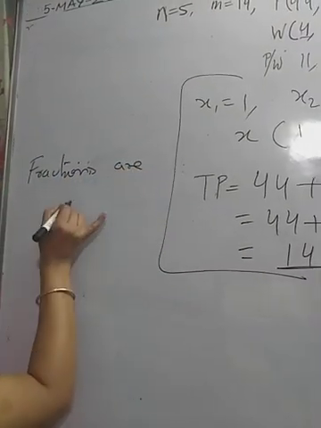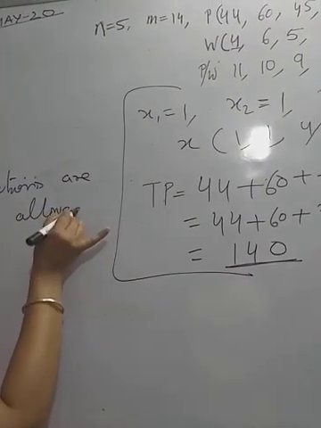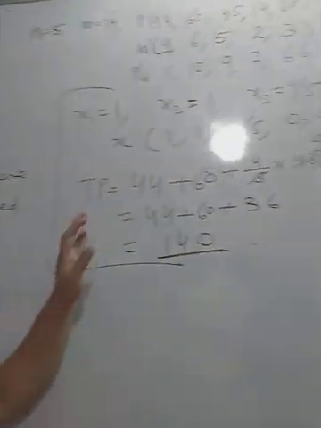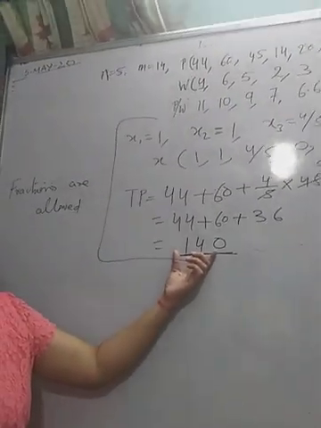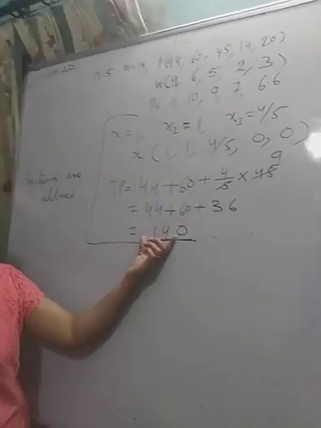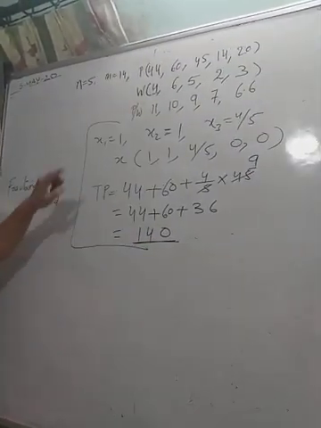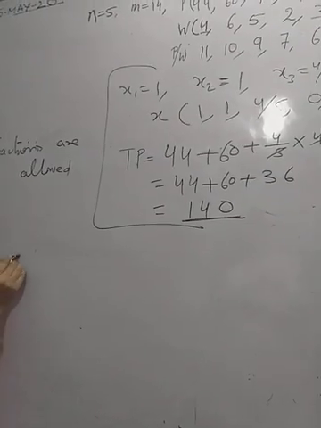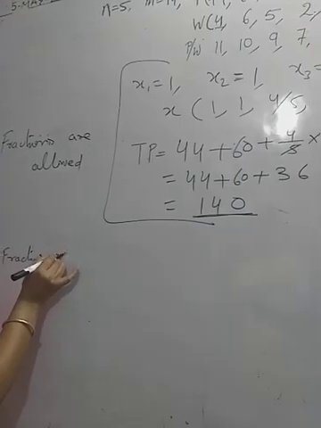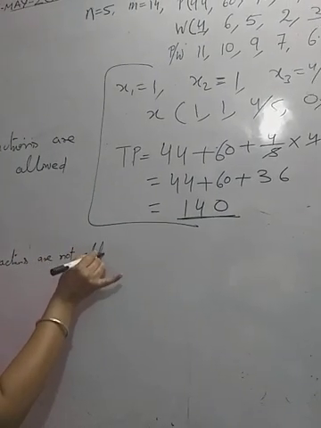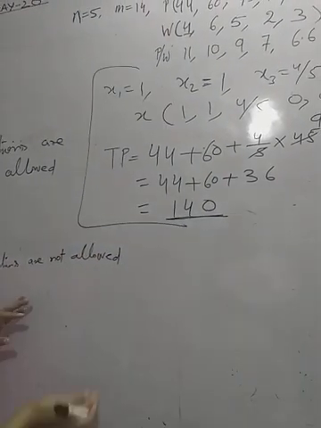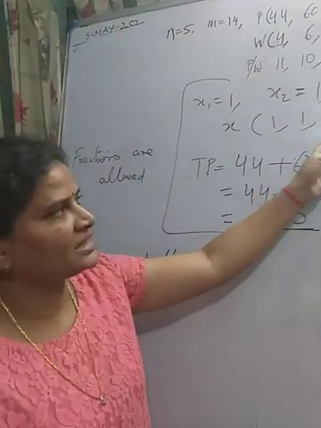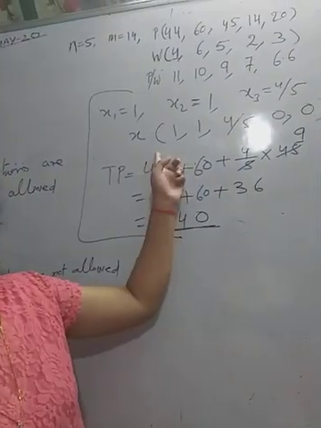For any instance, if the fractions are allowed, then the profit achieved is maximum. In both cases our objective is to find the optimal solution. So in the case fractions are allowed, this is the optimal solution.